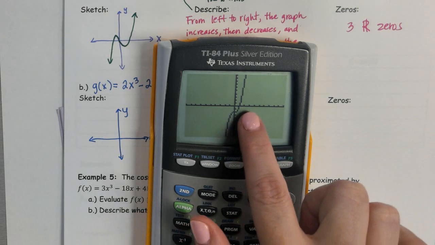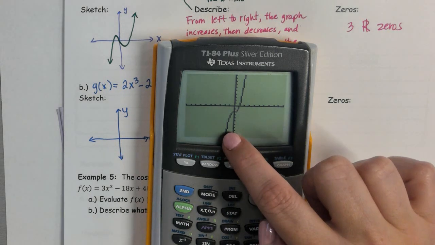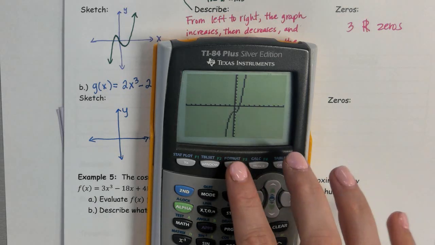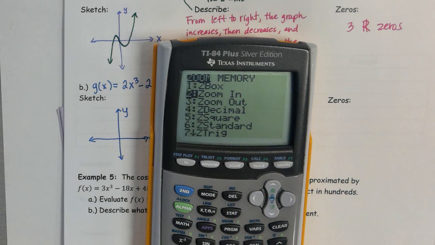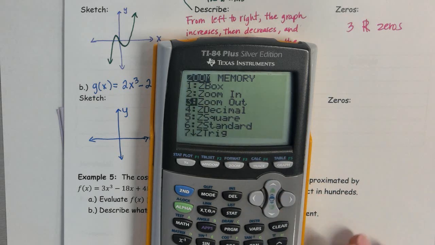This is the shape that you have, and what's happening here is it is increasing the entire time. I'm just going to zoom in. Sometimes if you zoom in, it looks a little bit flatter, like here. I'm going to zoom out.